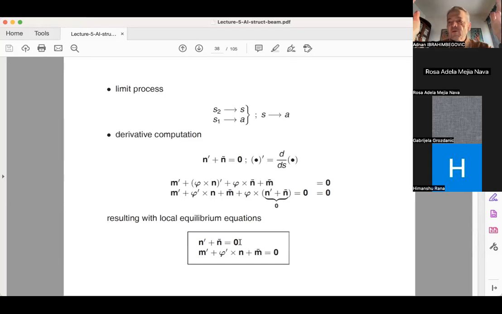This looks very similar to what you have with the bar. You have d sigma dx plus b equal to 0. So this is just the stress resultant as opposed to stresses.